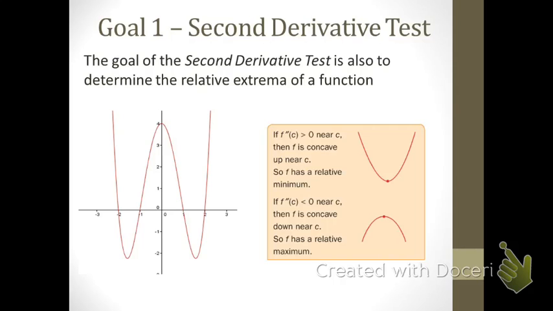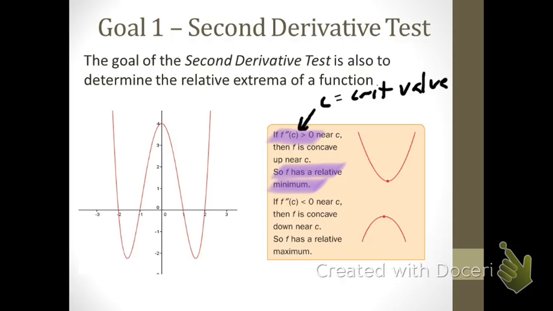Okay, now it says if f double prime of c is greater than 0. Whenever it says c, what we're referring to is a critical value. And so if you plug in a critical value into the second derivative, and the second derivative is positive, then f has a relative minimum.